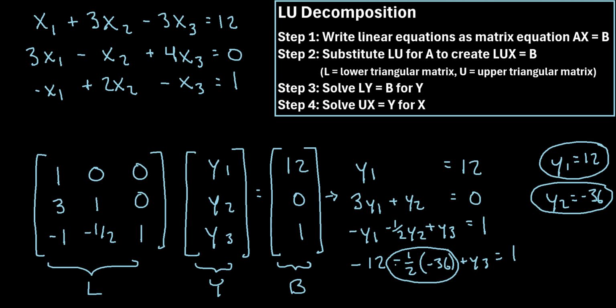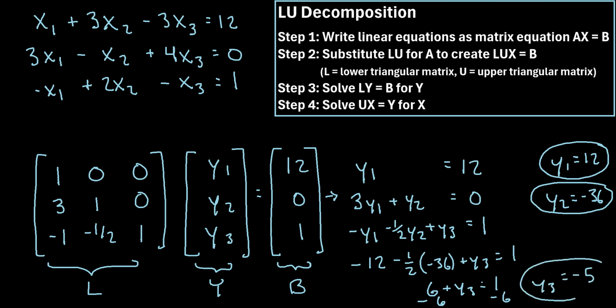So we have negative 12 plus 18, that's 6. So really this is 6 plus y3 is equal to 1. To solve for y3, we can subtract a 6 from both sides, and we find that y3 is equal to 1 minus 6, which is negative 5. So that's step 3. Step 3 is complete. We solved for y1, y2, and y3.